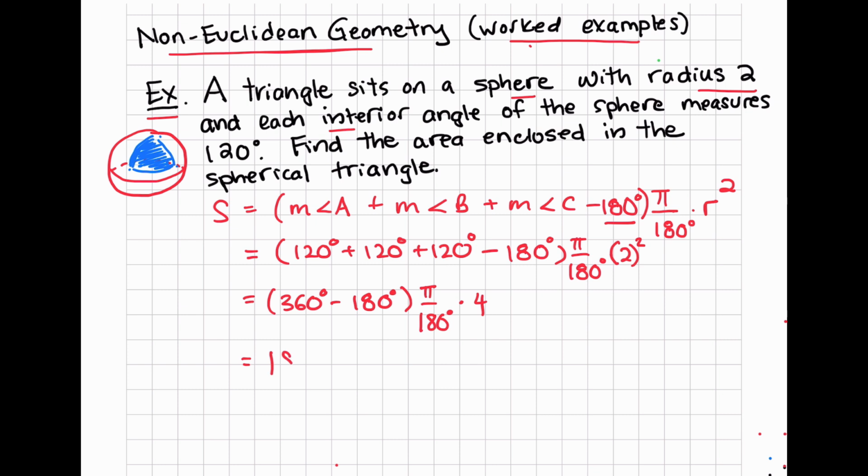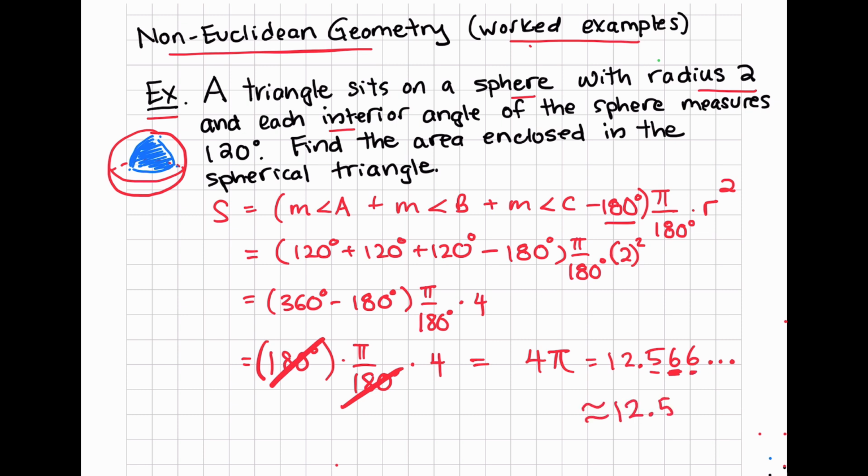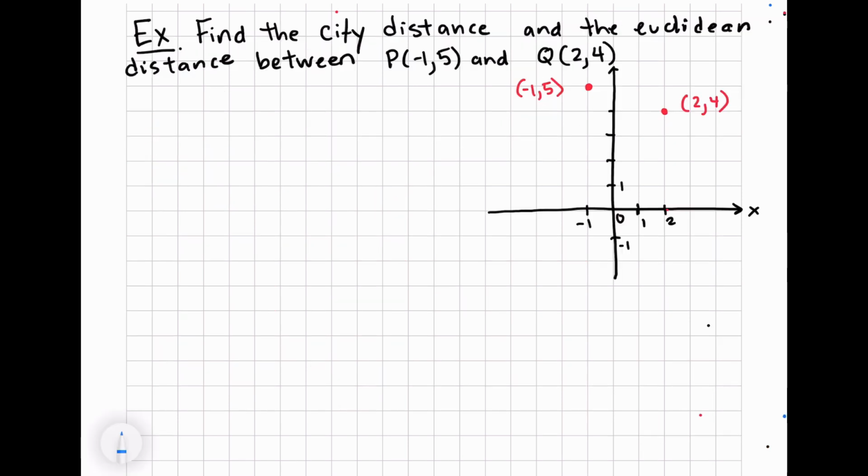So this is 180 degrees times pi over 180 degrees times 4, and that leaves me with 4 pi. If we wanted to express that as a decimal and round to the nearest hundredth, this is approximately 12.57 square units.